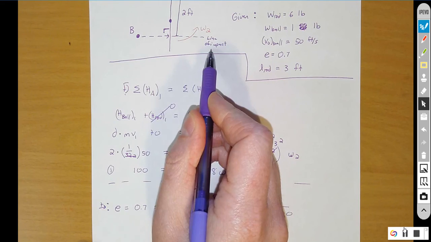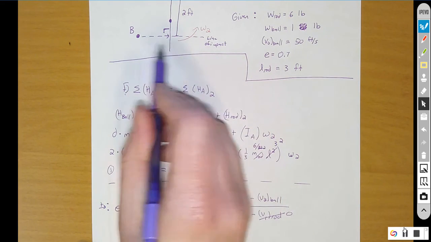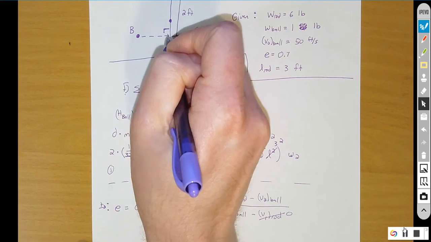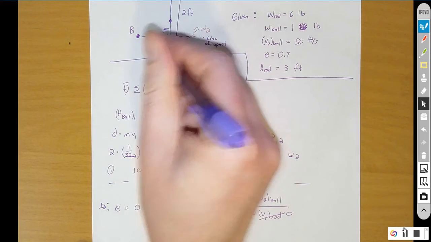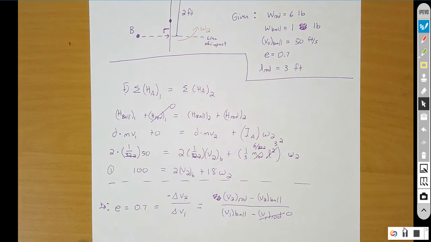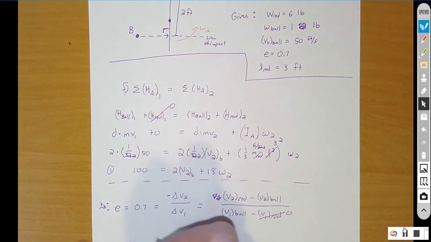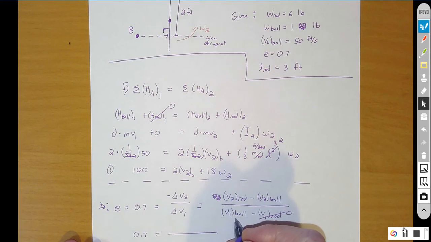So it has to be the velocity along this line of impact. If the ball was at some angle, we'd use a cosine to get that component in the correct direction. All right, so 0.7 equals, so that means it's all going to be in that direction, and it is 50, minus V2B for the ball.